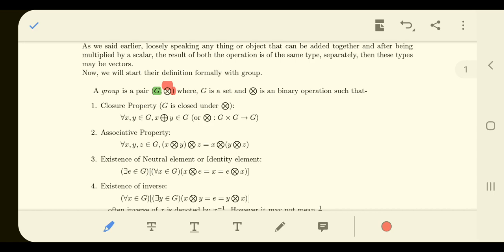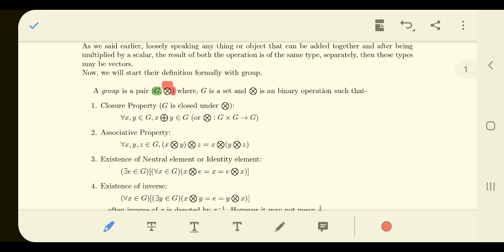Essentially, if you operate x with y and then this result with z, then it is the same as first operating y with z and then operating x with the resultant of y with z. So both of them are same. It means the ordering of which operation is done first and which later is immaterial.